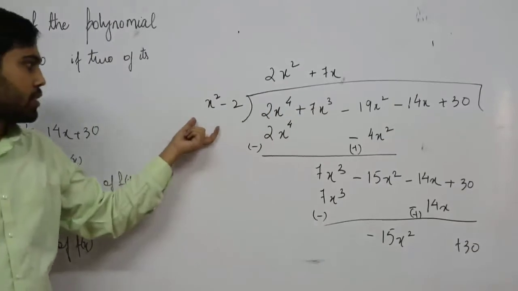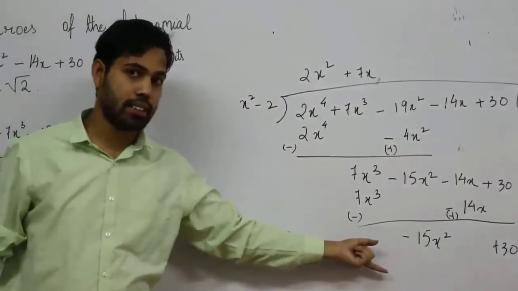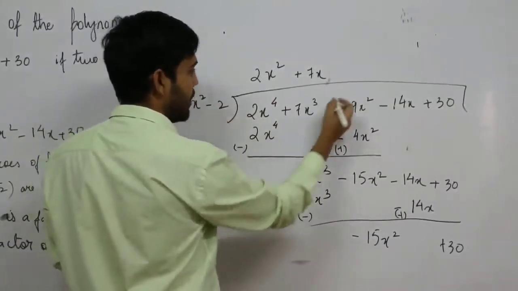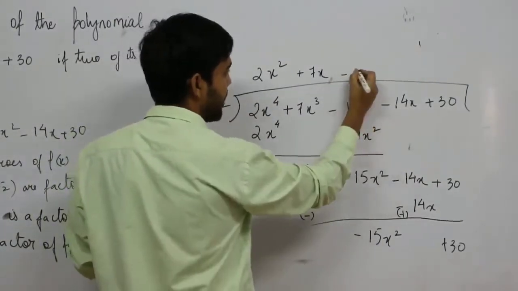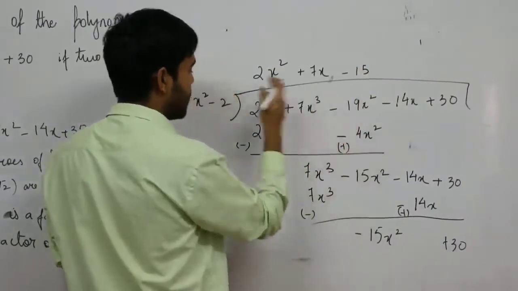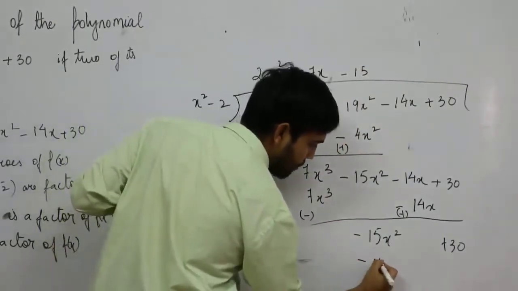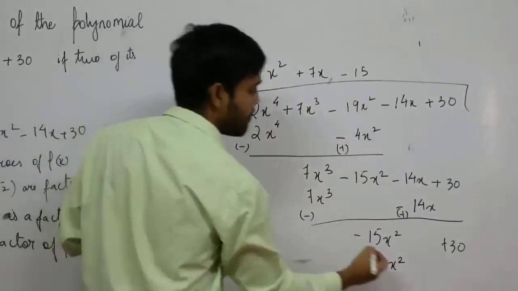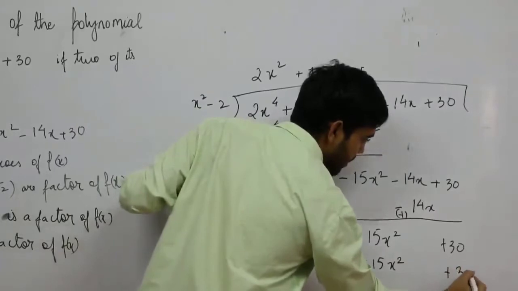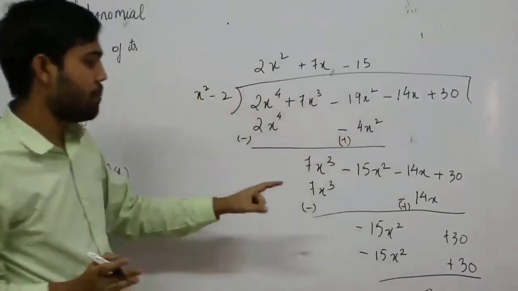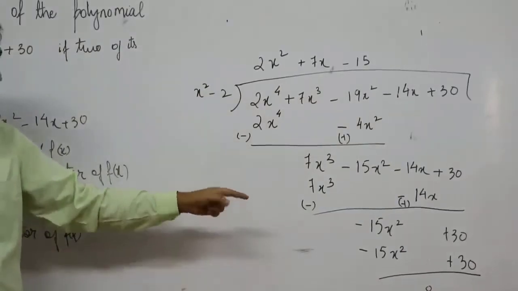With what should I multiply in order to get this? I should multiply this polynomial with minus 15, not plus 15 but minus 15, because I have a minus sign in here. So when I do this, I have minus 15x squared, and minus and minus becomes plus 30. Again, if you notice, I am getting the remainder to be equal to 0.